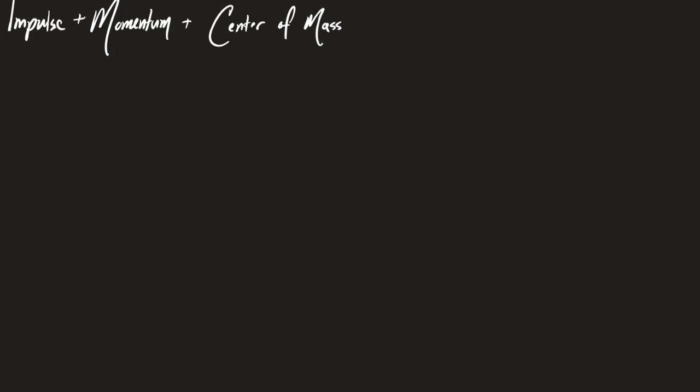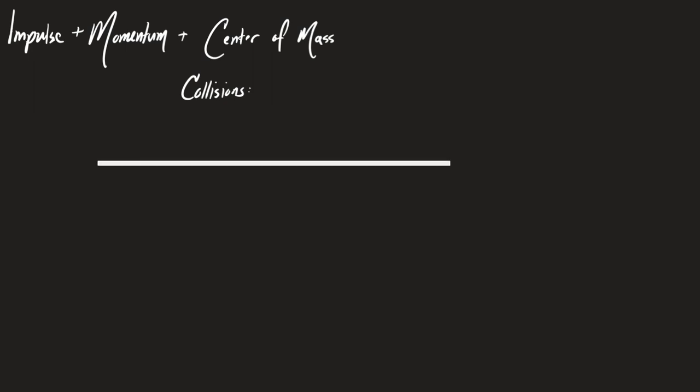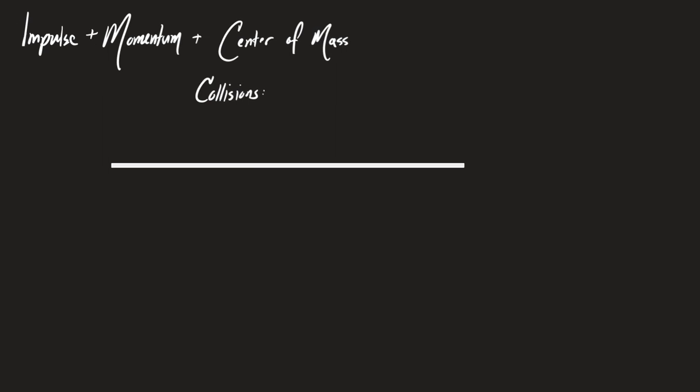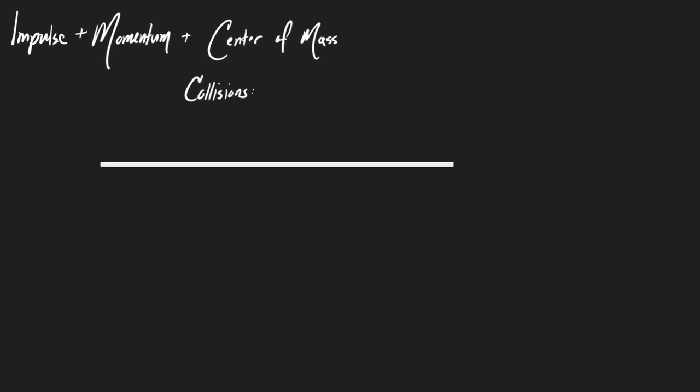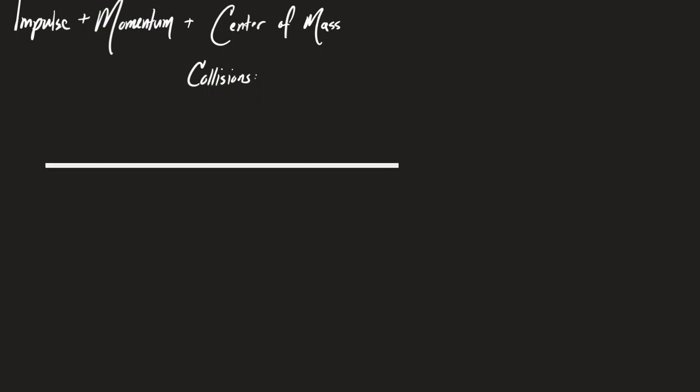We focused on one thing. We focused on collisions. So just as a quick recap, I hope you remember our discussion about collisions. In most collision questions, we're talking about a portion of what might happen in a system. So we might have a situation where we have two objects that are going to experience a collision.